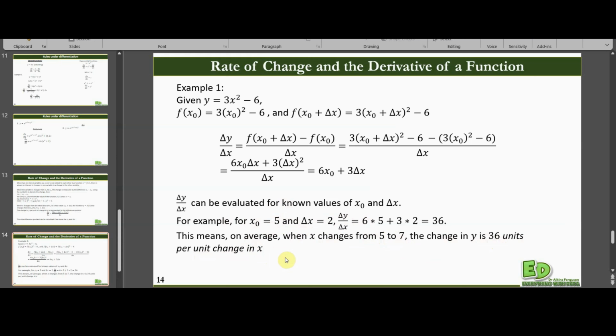It also means that for every 1 unit increase in x, y increases by 36 on average over that interval. For every unit change in x, y increases by 36 units on average over that interval.